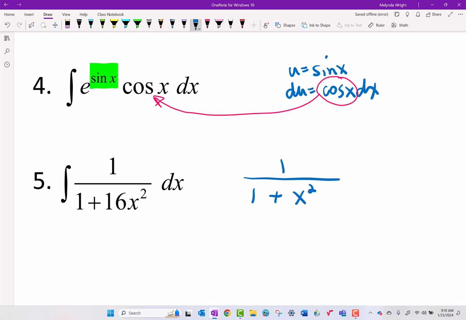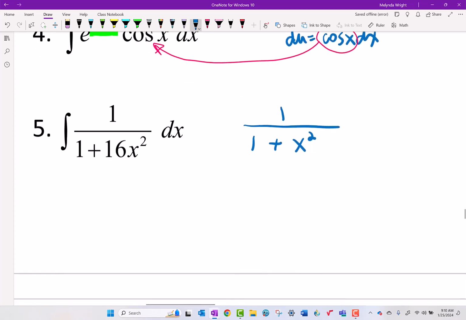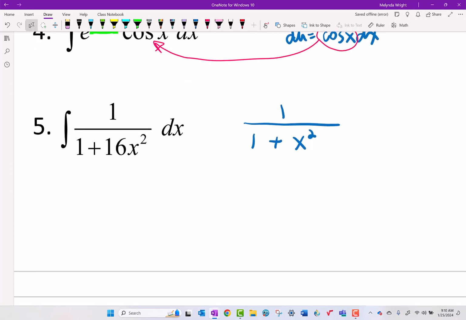So my problem is the 16. What I need is for it to look like 1 over 1 plus something squared, so that I can match. That's what I'm looking for.